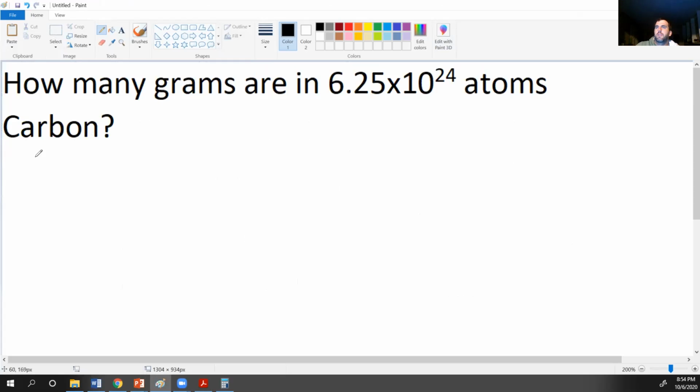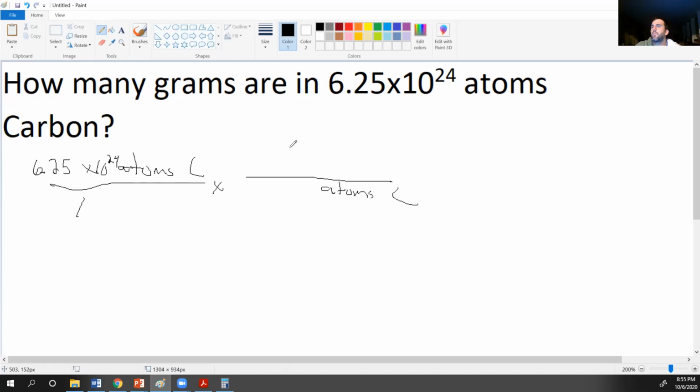So first thing I need to do is take what I know, 6.25 times 10 to the 24 atoms C, put it over 1, times atom C goes on the bottom. 1 mole, remember, I'm still in carbon, and our middle box is moles, and we always put a 1 in front of it.